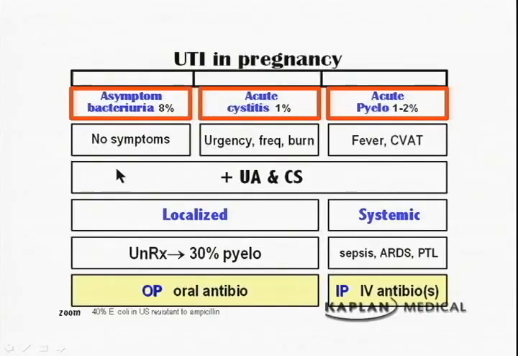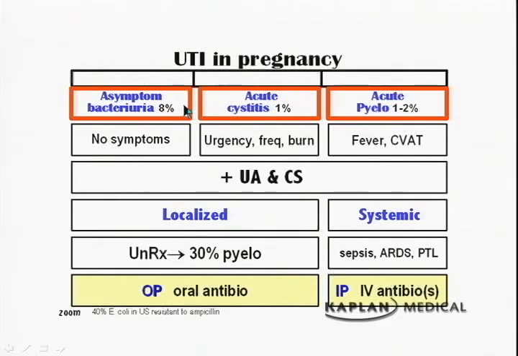How do you make the diagnosis then? A urinalysis and culture sensitivity. And that's why on the first prenatal visit, we always do a urinalysis and culture. This is localized, not systemic. Untreated, 30% of these patients go on to develop pyelonephritis.